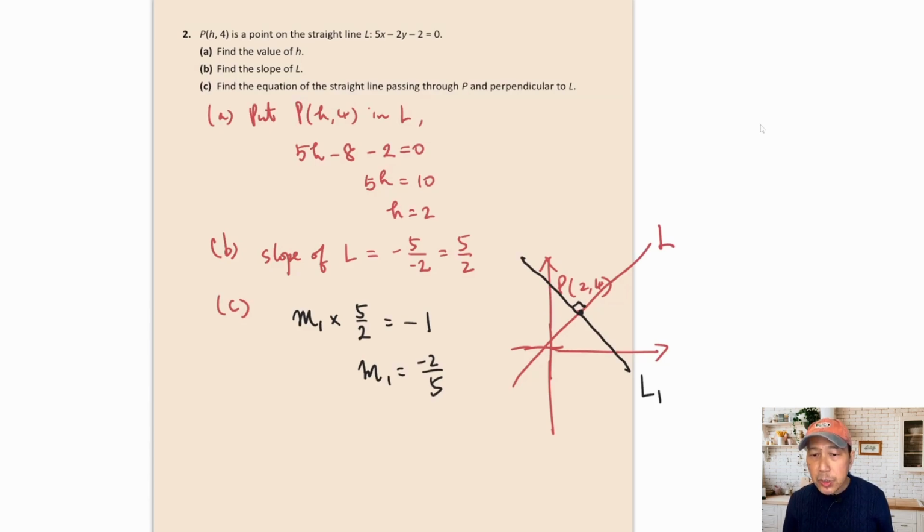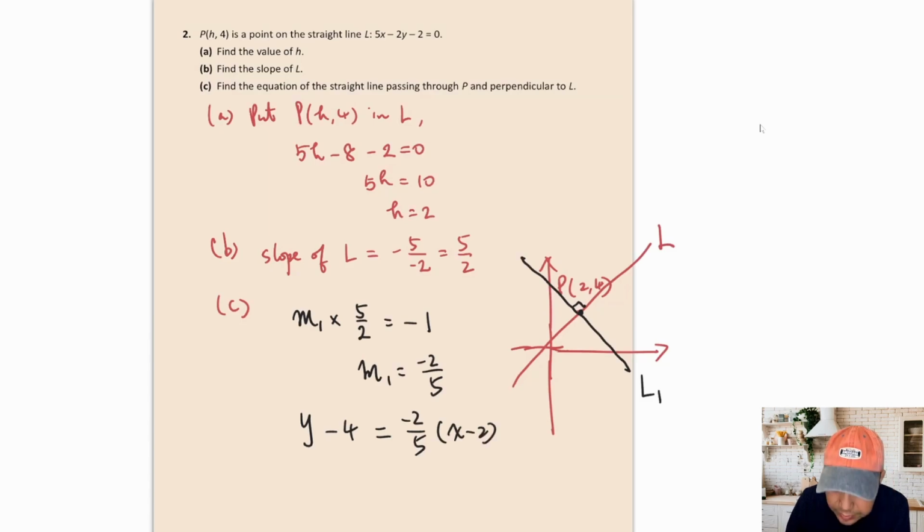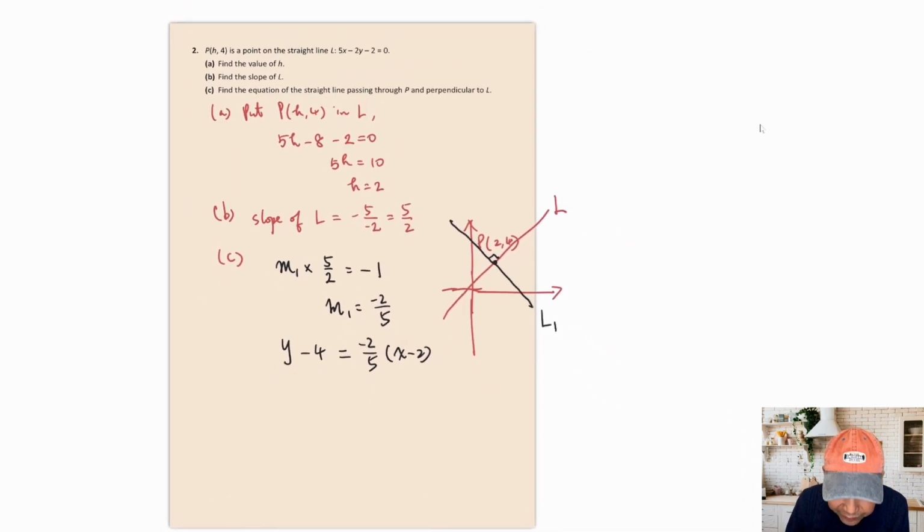To find the equation of line 1, we have the point (2, 4), and we have the slope negative 2 over 5. So we can use point-slope form: y minus 4 is equal to negative 2 over 5 times x minus 2. Then the 5 moves to the left-hand side.